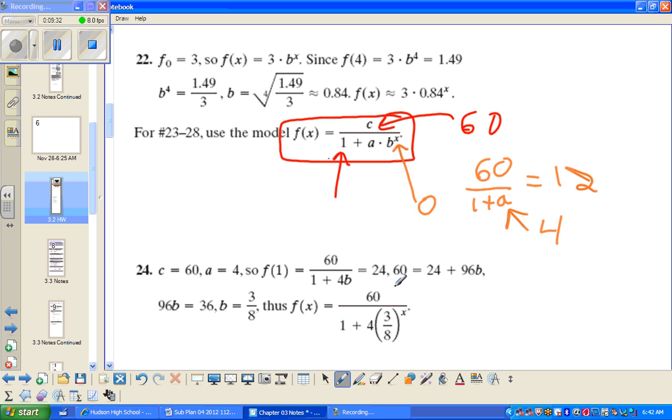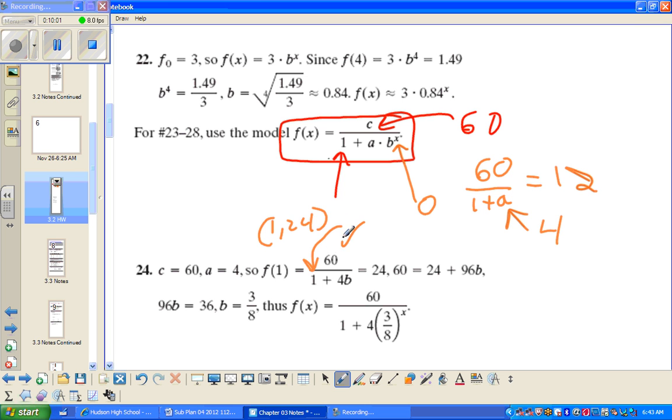So now you've got everything except for B, but you are also given that the logistic function is going to pass through the point (1, 24). Since we already know A is 4, we already know C is 60, we're plugging everything in, including now, since we know it passes through the point (1, 24), we plug those in.